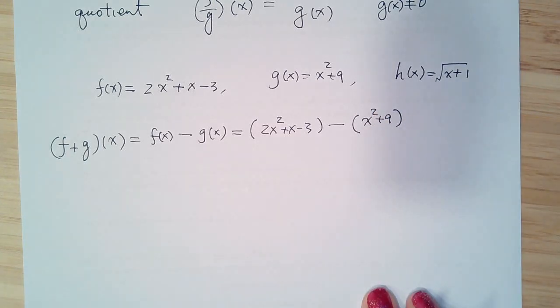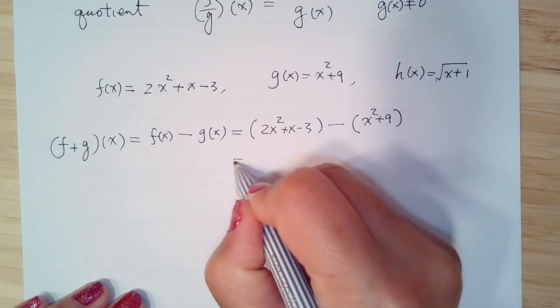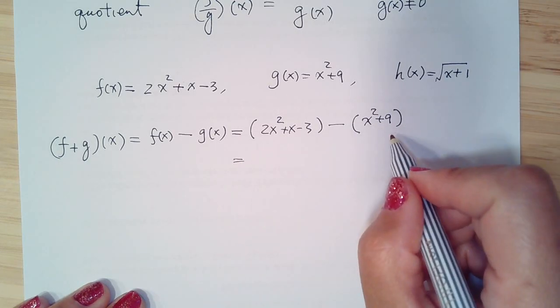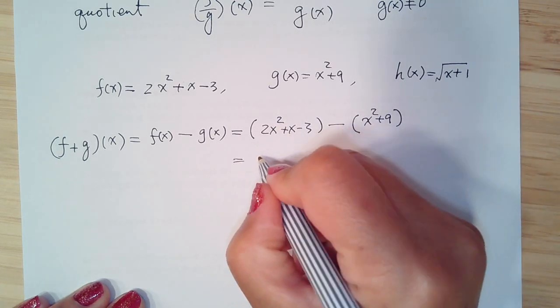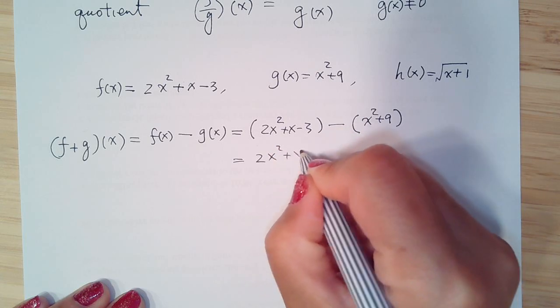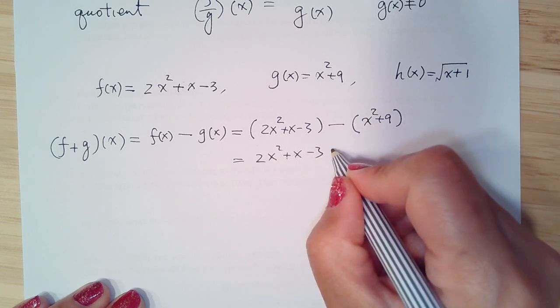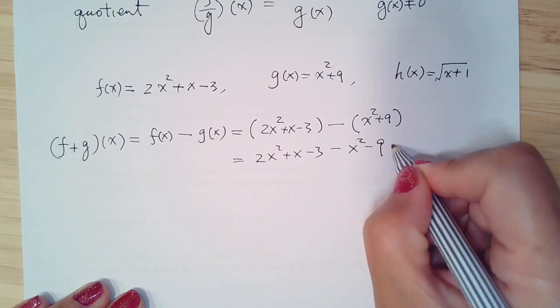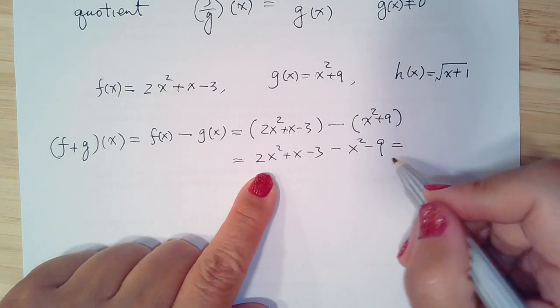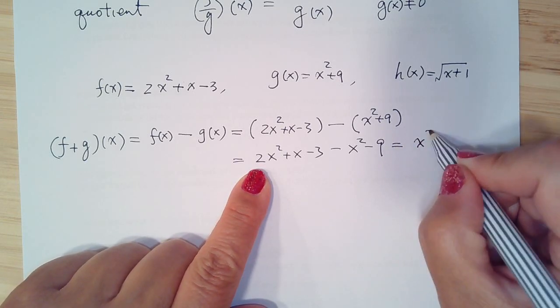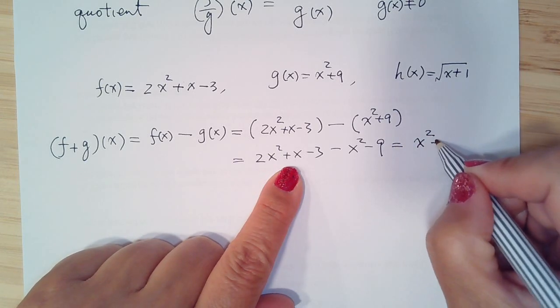Okay, see what I'm doing here? And then after that, you're going to expand or get rid of the parentheses and simplify. So you have 2x squared plus x minus 3 minus x squared minus 9. And then combine like terms. 2x squared minus x squared, we get x squared. x, that's the only term here.